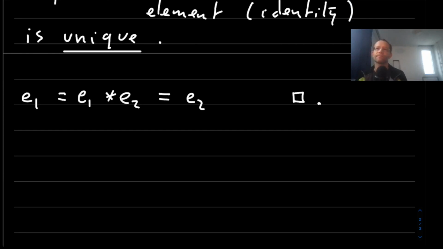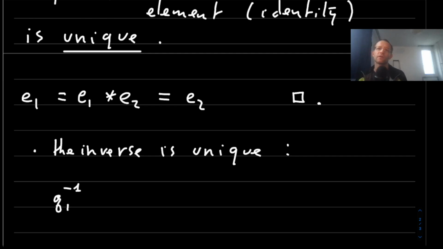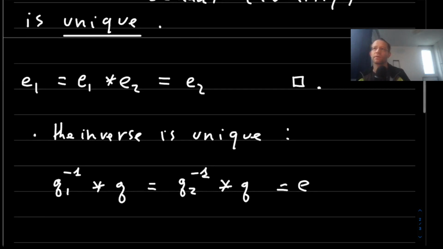Secondly, the inverse is unique. How do we prove this? Let's suppose that we have one inverse to an element G, and that we also have a second inverse to the element G. Then this equation is true.